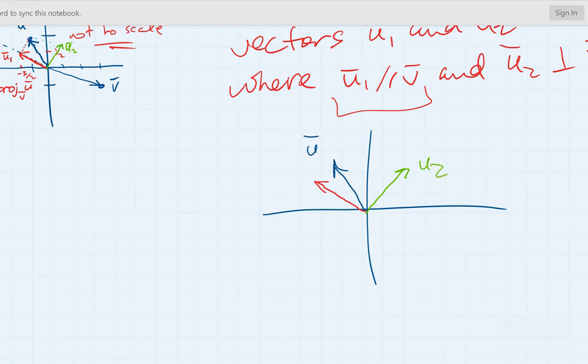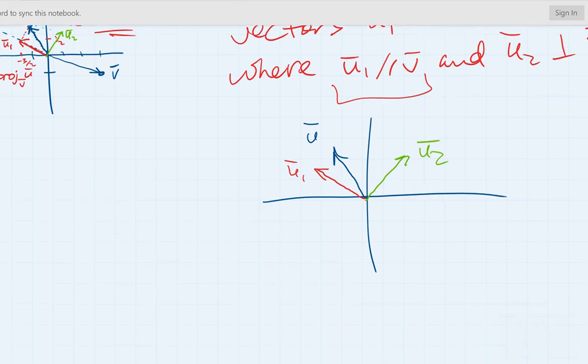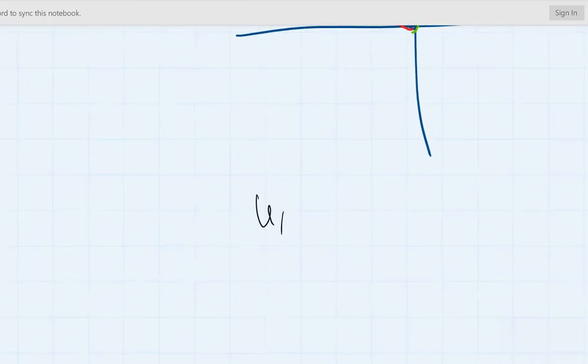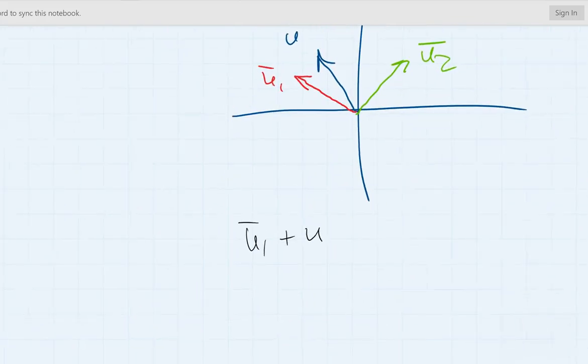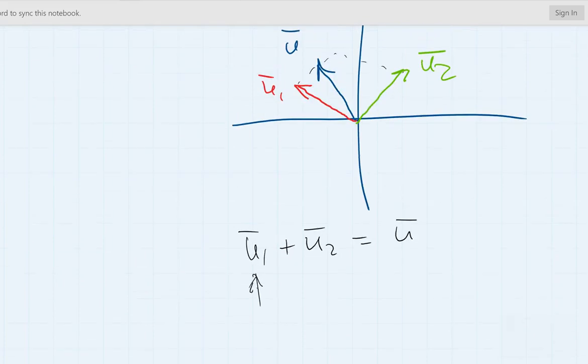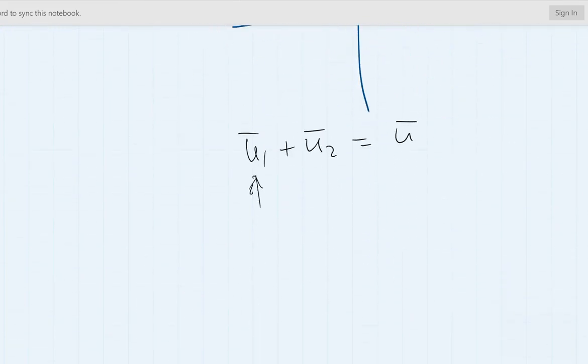So this is U2, and this one's U1, and then we have U there. If you remember from some theory before, U1 plus U2 is U, because they form a rectangle. Doesn't look like it, but there is. This guy here is just a projection. Before I show you what that is, we need to find U2 now.